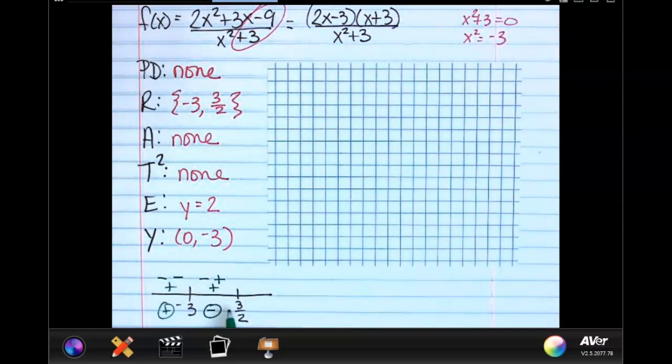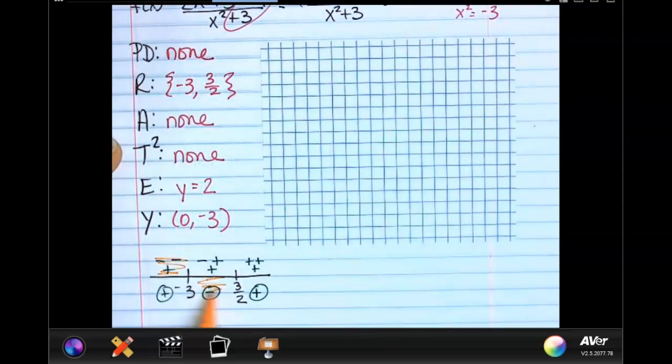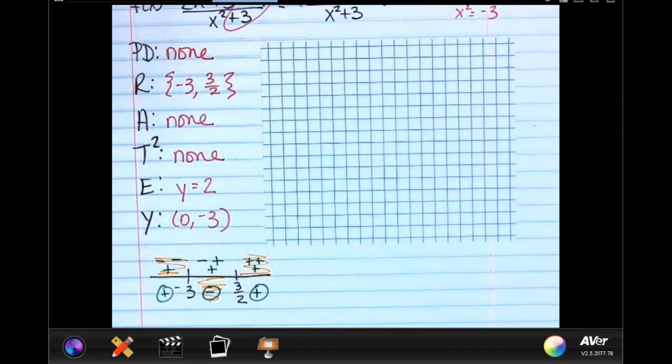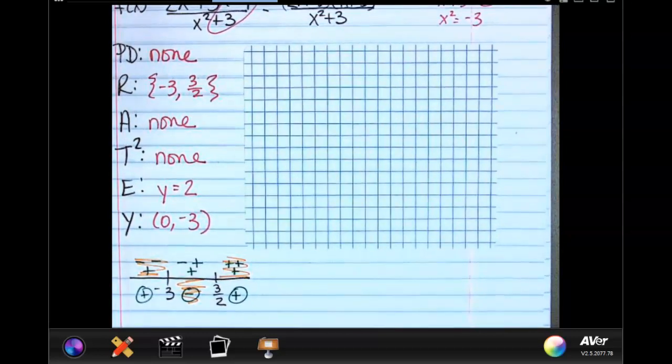And then for 3/2, I'll pick 2. When I substitute that in, I'll get positive, positive, positive. It's positive overall. So then when I shade, positive, negative, positive. Well, kind of, but it's still not. All right. So now we're going to start looking at our graph.